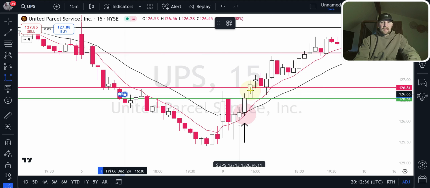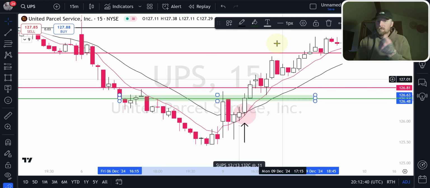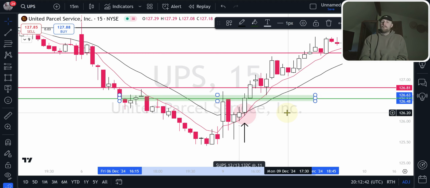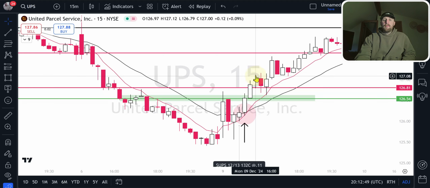Now, that's the thing about key pivots is support becomes resistance, resistance becomes support. Once we held over this key pivot, we came back and tested this support and got a nice bounce back up.